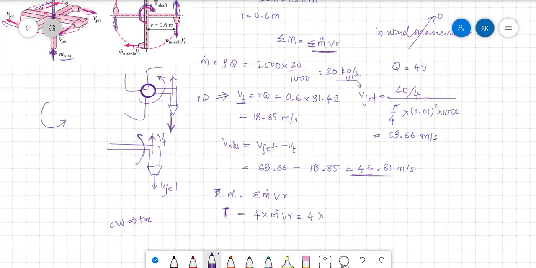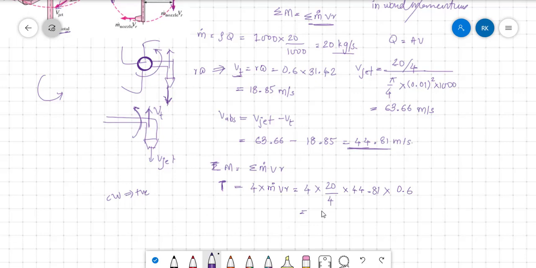This is 20 kg per second, but it is a total mass flow rate, and through a single nozzle, that will be divided by 4, into velocity. With what velocity? Absolute velocity is 44.81 meter per second, into the radius 0.6. So solving this, torque we will get 537.7 Newton meter. So torque is this much.